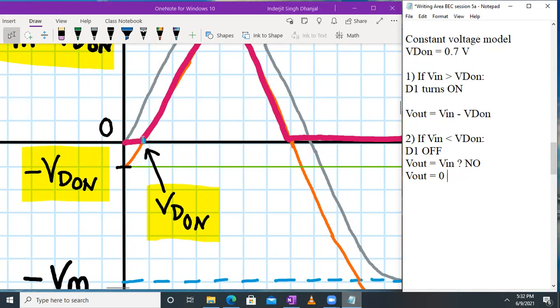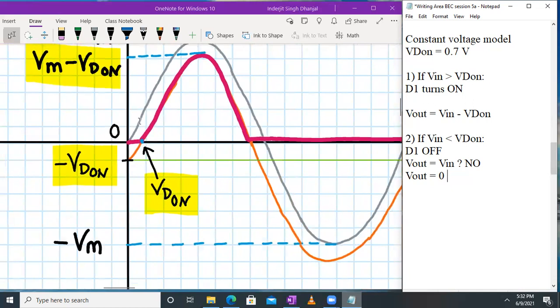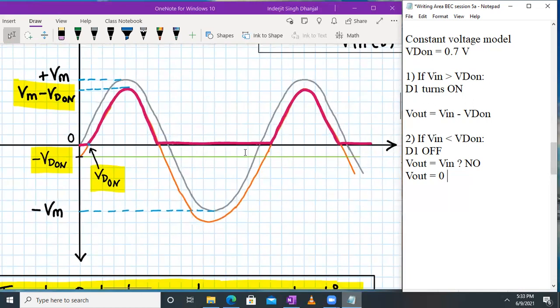As you can see, if Vin is slightly below this level, my output will be 0. It is 0 over here. Absolutely clear. So if Vin is less than VD on, let's consider this equation.